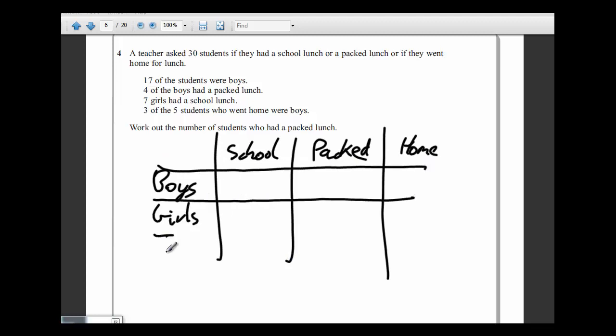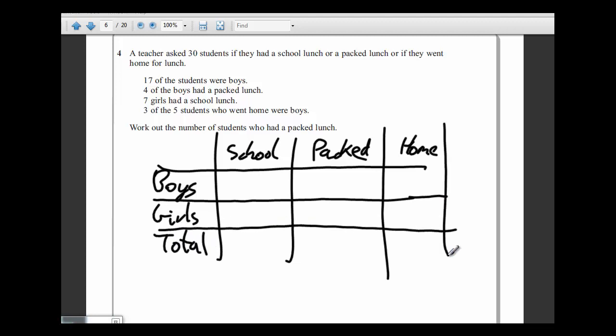And of course we've got our totals. So let's start putting this information in the table.